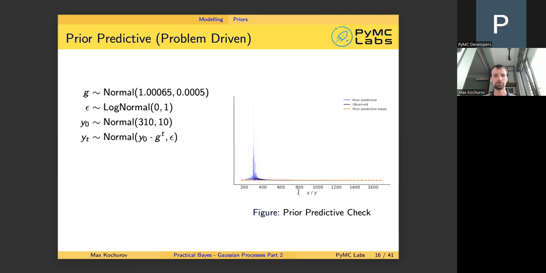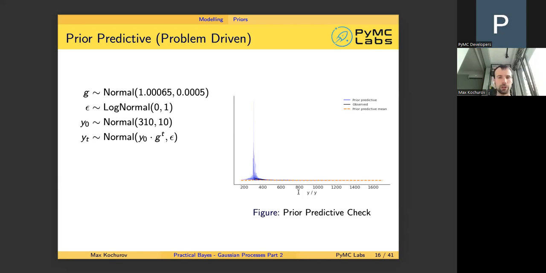Under prior predictive, this starts to look way better. We don't grow to huge numbers. We started to cover data relatively well. And this gives a sense that with this prior, we can go ahead to estimate the posterior, because we already represent some physical process of CO2 growing in time.